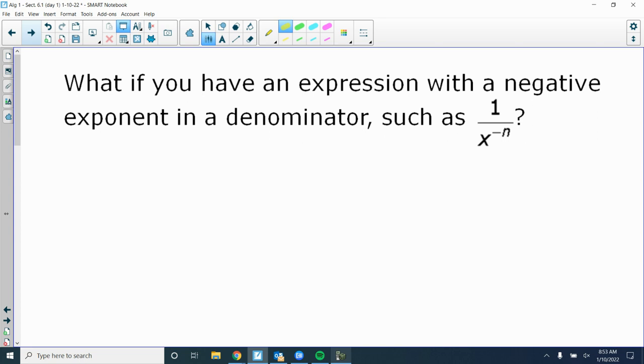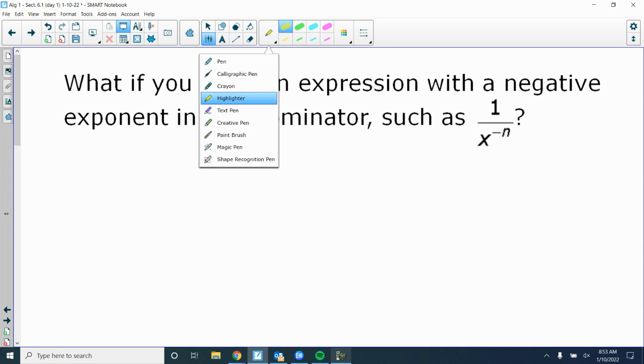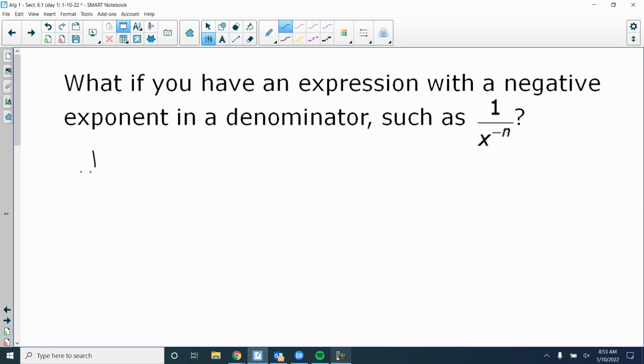Okay, what if you have a negative number in the denominator? All right, how about this? And just think about this because you don't have a ton of room to write. What if it's 1 over 2 to the negative third?